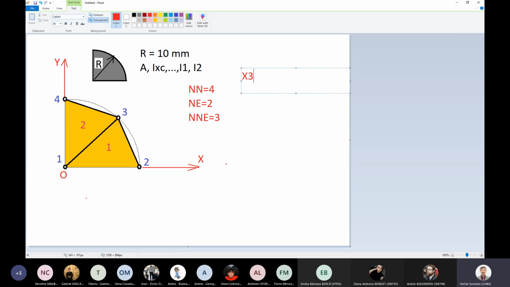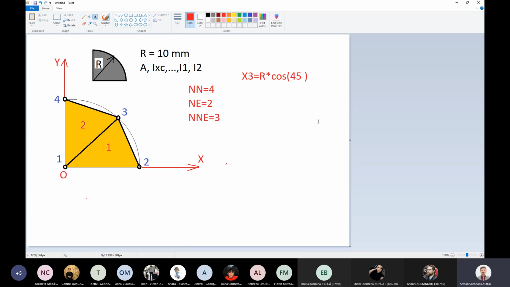Let's write x3 is OR times cosinus from 45 degrees. And due to the symmetry, y3 is equal to x3.